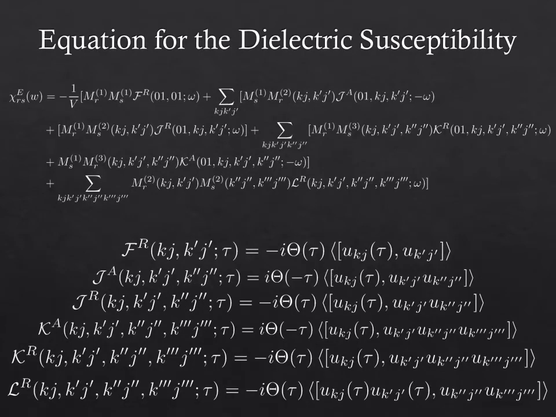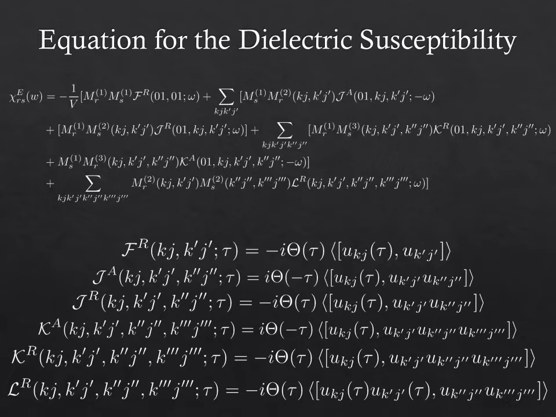All right, so now that we have our definition for the M, we can plug it back in our expression, the Kubo formula for susceptibility, and we obtain this very ugly expression up here. I just wrote it so you guys can see what it looks like. You don't have to read all that. All you have to know is that it depends upon all the coefficients, the phi's and the M's, and it has different Green's functions in them.